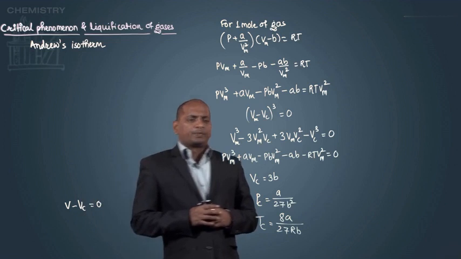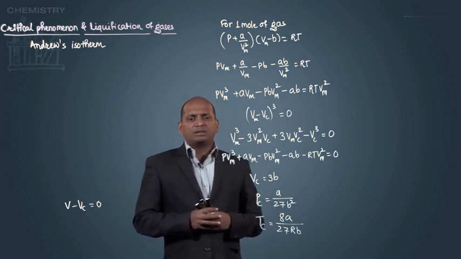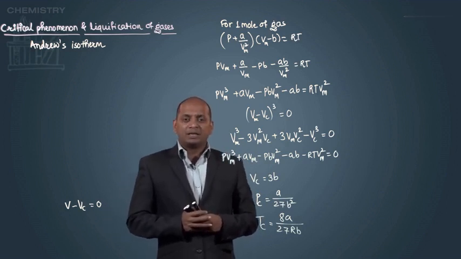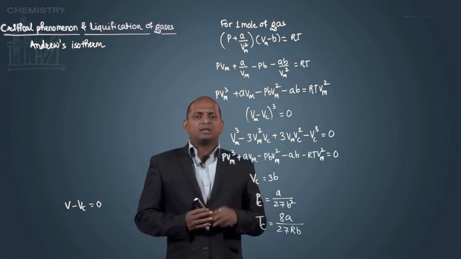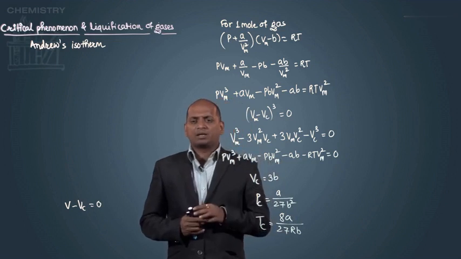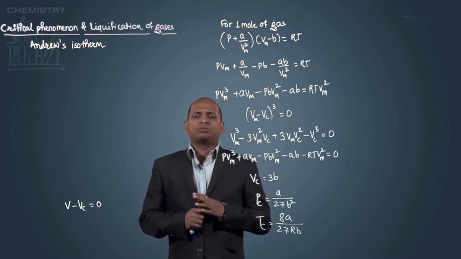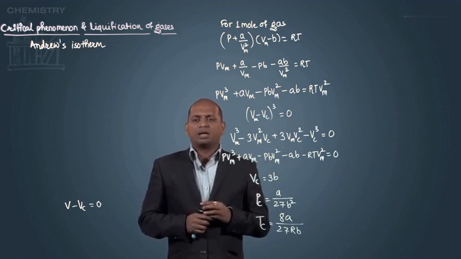Now, this is very important for considering the liquefaction of real gases. As I already told you, Andrews' isotherm, which was applied for carbon dioxide, is valid for almost all real gases except hydrogen and helium.